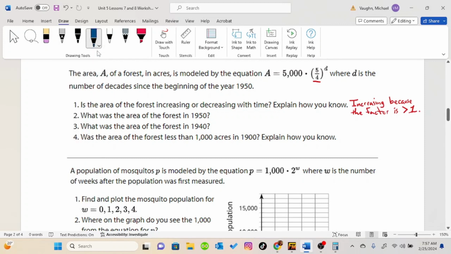Number 2. What was the area of the forest in 1950? Well, this is measuring number of decades since the beginning of the year 1950.